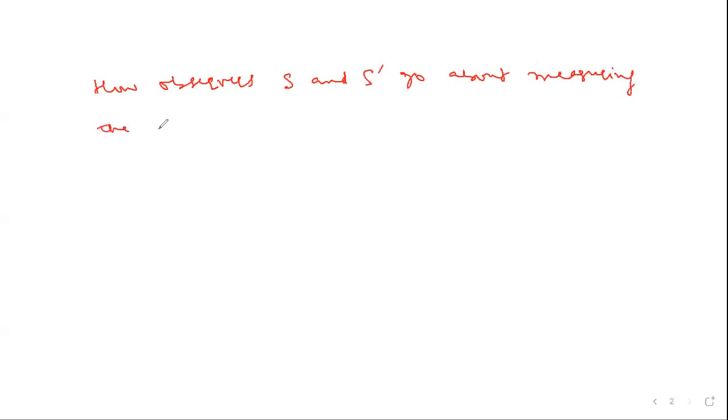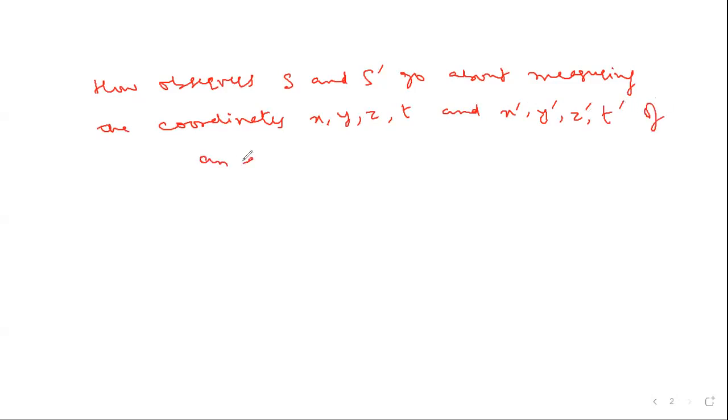Let me write how observers S and S prime go about measuring the coordinates x, y, z, t and x prime, y prime, z prime, t prime of an event.